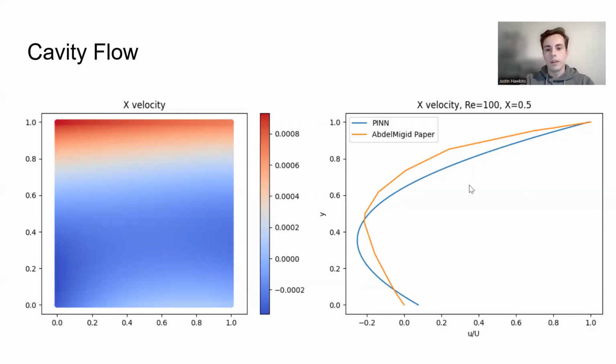So what you're looking at here on the right is a velocity profile from this bottom wall to this top wall right in the middle of the bucket of fluid. What this is saying is, at the bottom of the bucket, the velocity is 0, and then as you move up, the fluid starts to move to the left in the negative x direction, and then as you continue to move up, it begins to move the other way in the positive x direction.